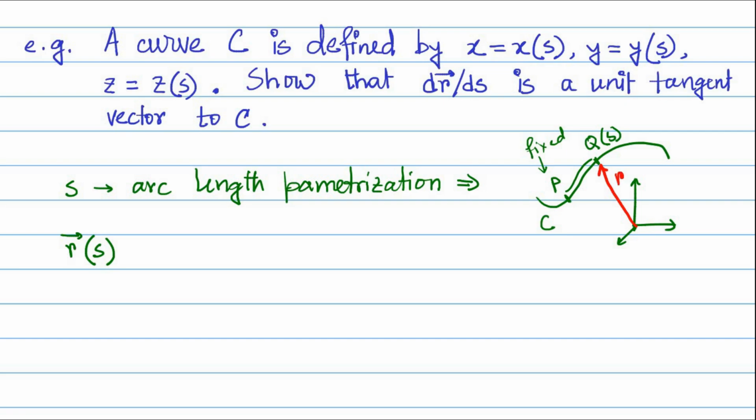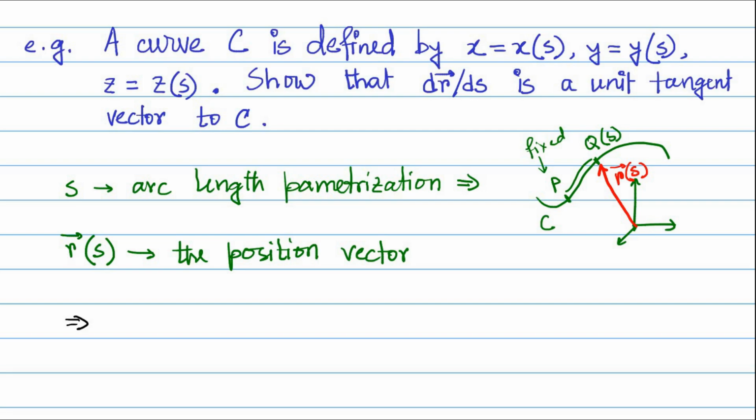And of course, just like Q, r will also be a function of s. So r is the position vector that changes along with the point Q. Okay, so as s changes, r traces out the curve C.